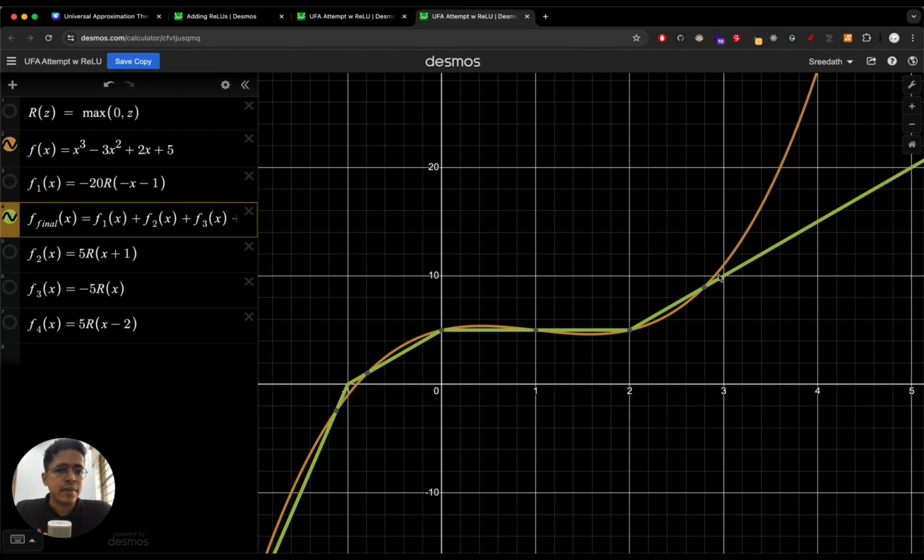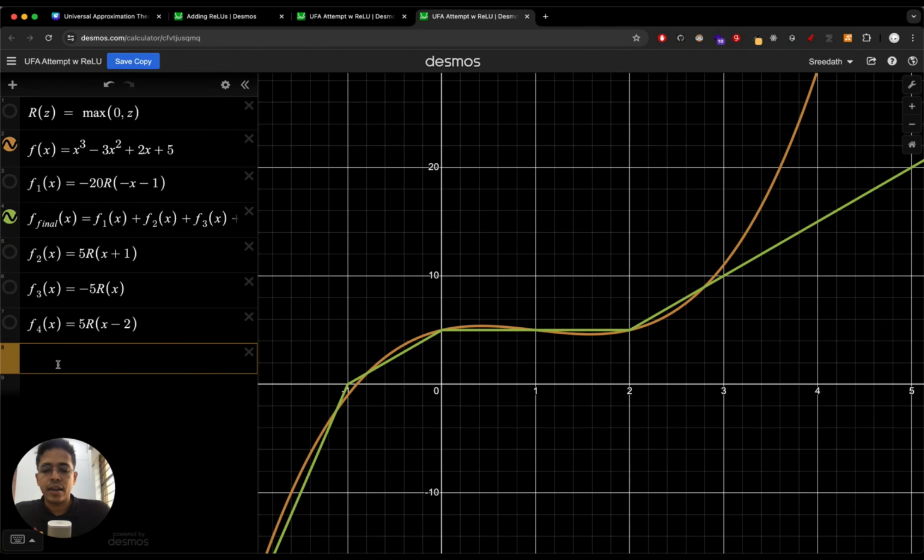So here the x value is changing by 1, but the y value is changing by how much? 10 plus 10, roughly 20. So the slope here should change from 5 to 20, which means the slope of the new line that is added after this transition point of 3 should be an addition of 15, right? 5 plus 15 is 20.